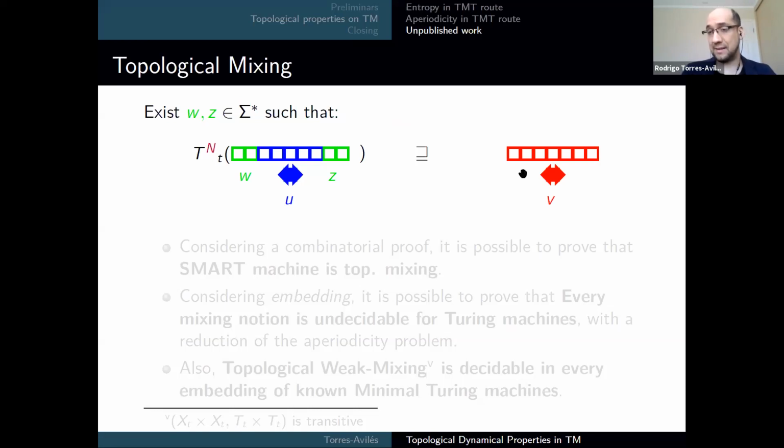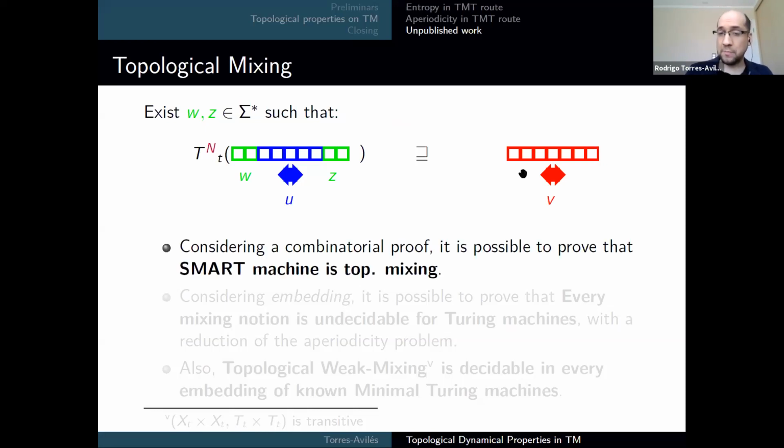This property is harder, it contains topological transitivity. It is possible, by a combinatorial proof, to prove that the smart machine is topologically mixing. That was unexpected when we got that result.